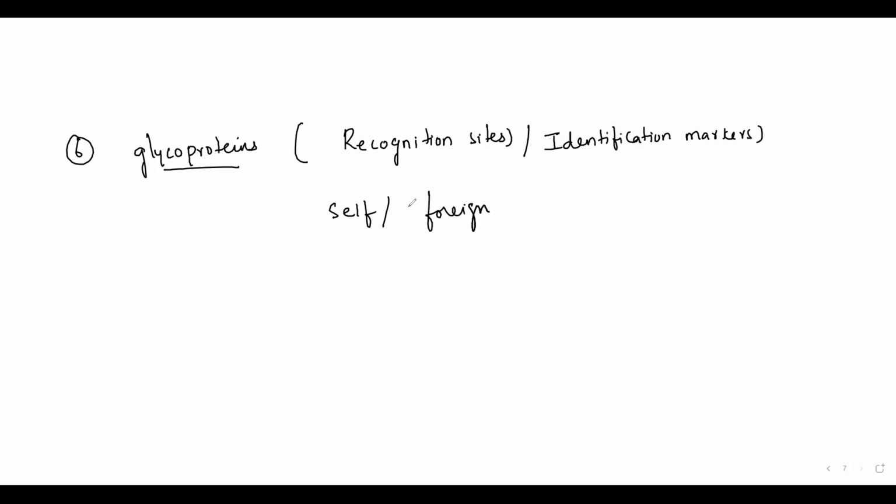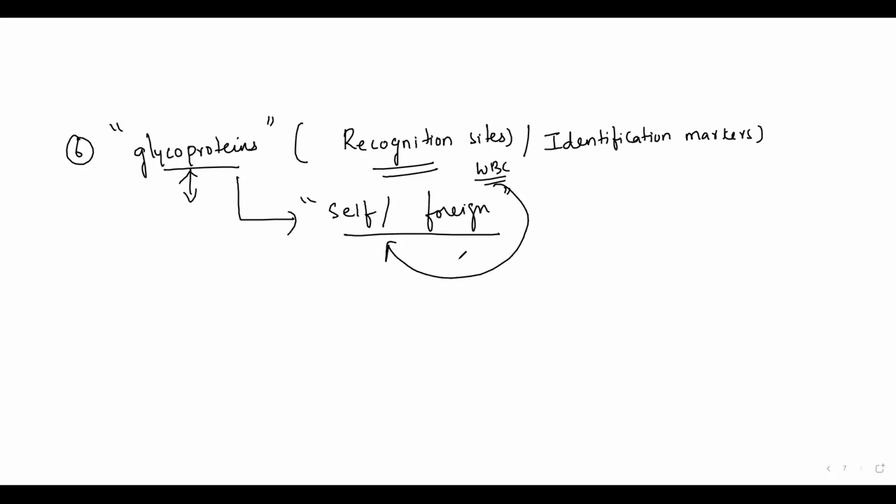Okay, self from the foreign cells. Your body cells have your own specific type of glycoproteins that do not match with any other individual, so they act as recognition sites for the WBCs, to distinguish between what is self and what is a foreign particle.